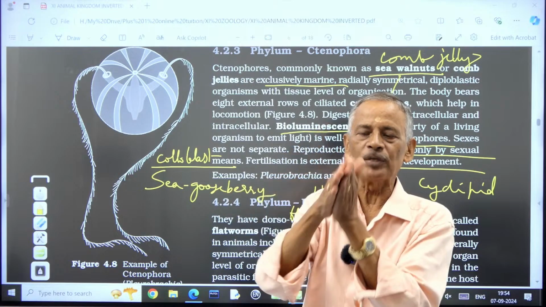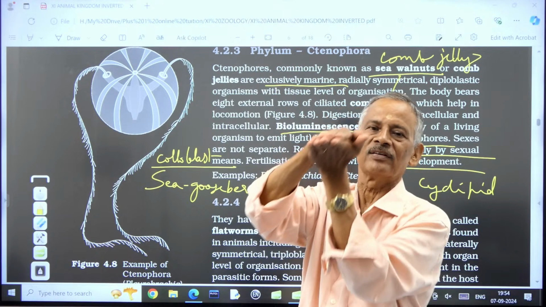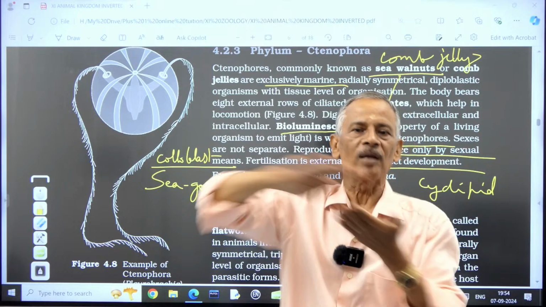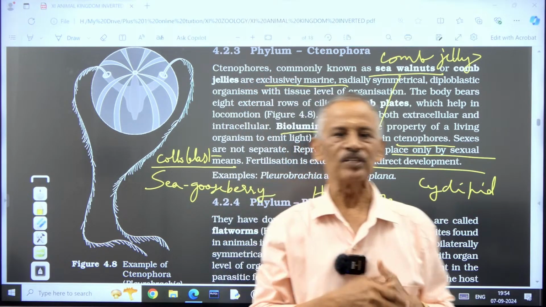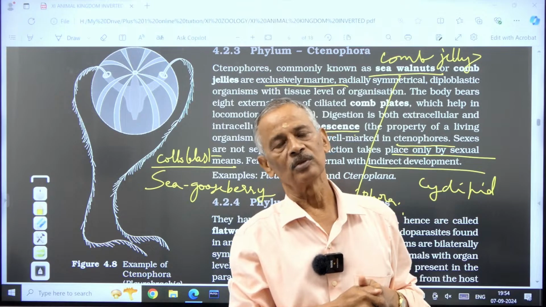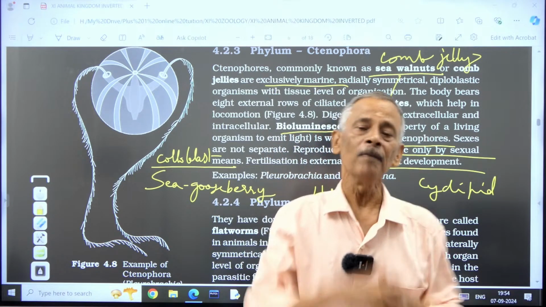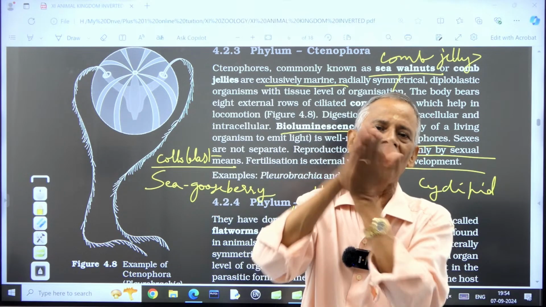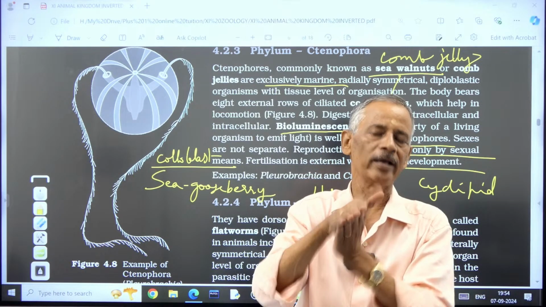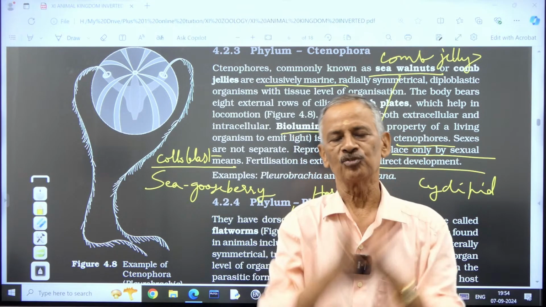So how does it become? It becomes flat. It is pressed from top and bottom. So it becomes flat. That is the shape of these organisms. That is why they are called flatworms, having a body flattened from top and bottom.